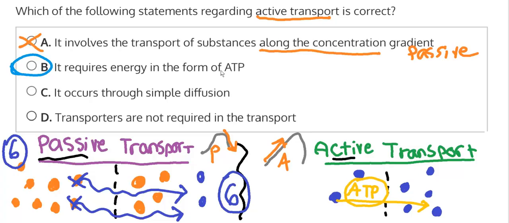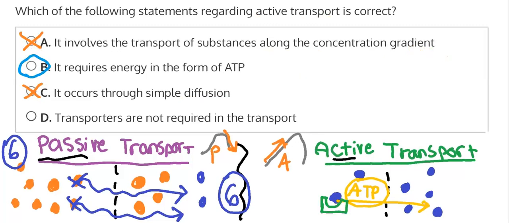Option C says that it occurs through simple diffusion. And diffusion is actually another word for what we see here in passive transport. This movement of molecule here to molecule there, that's what diffusion is. So that would be related to passive transport, so we can eliminate option C. Then lastly, option D says that transporters are not required in the transport. And this is asking in terms of active transport, because that's what this question is asking about.